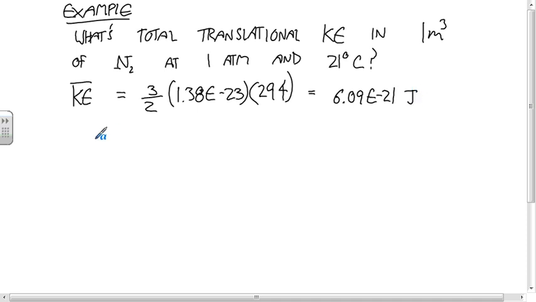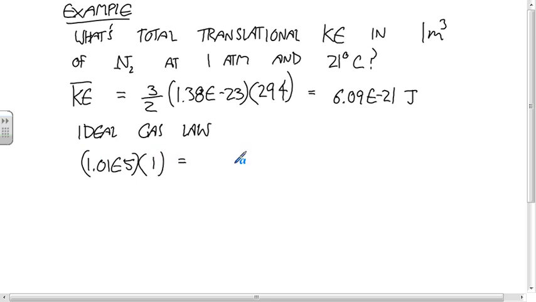The ideal gas law now says 1.01 times 10 to the 5th, so that's the pressure, times the volume is equal to N times the universal gas constant times 294. Can someone divide this?